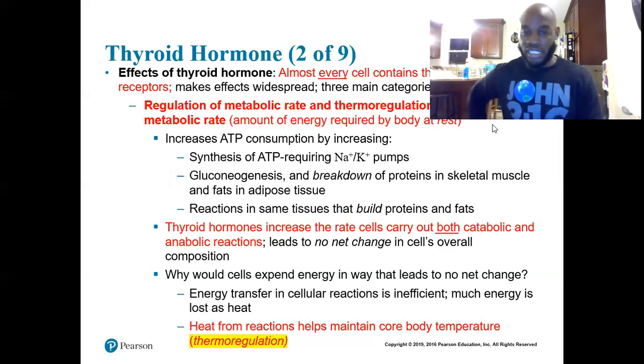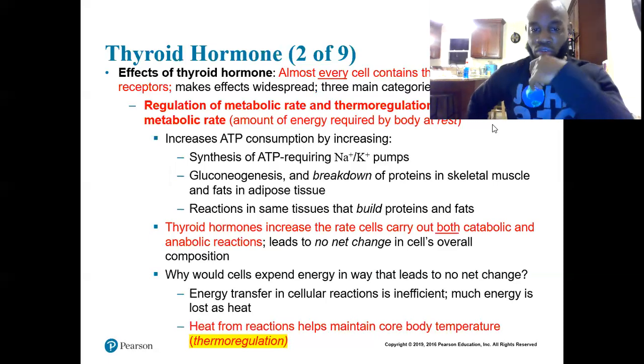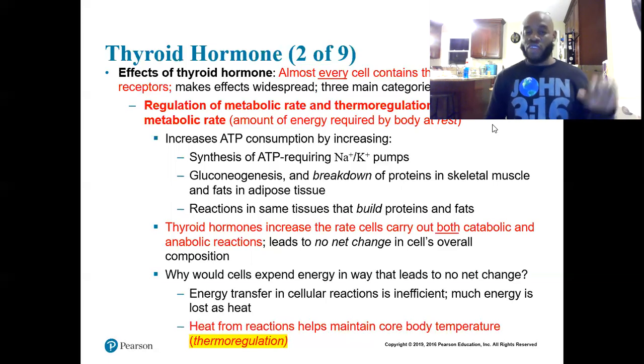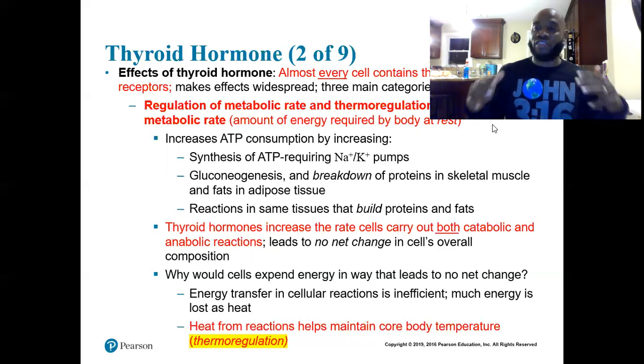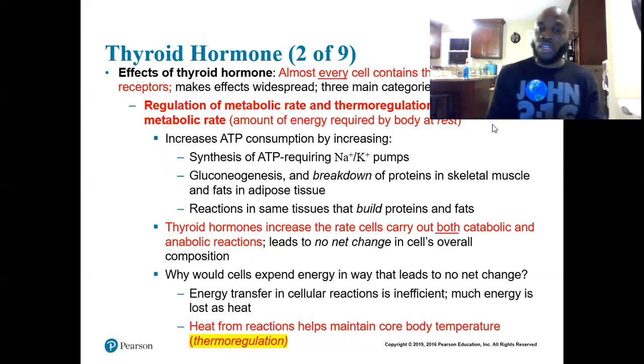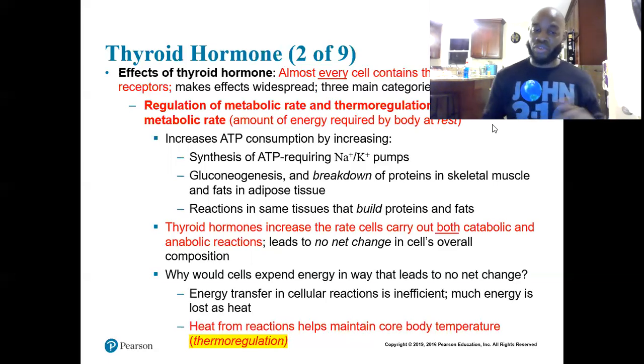But look down, that third bullet point says thyroid hormone increases the rate cells carry out both catabolic and anabolic reactions, which leads to no net change, right? You have catabolic reactions that break down. It also increases the rate of anabolic reactions that build up, so there's no real net change in breaking down and building up. What does this cause?